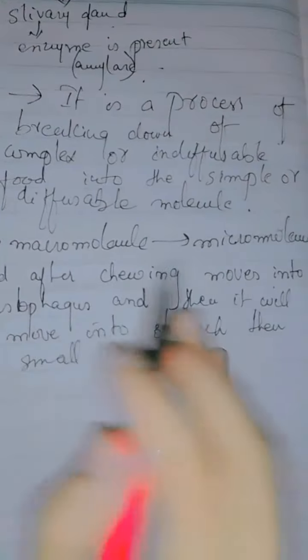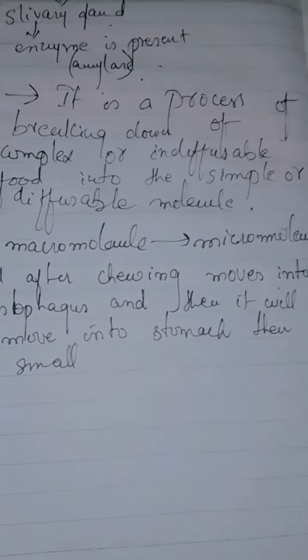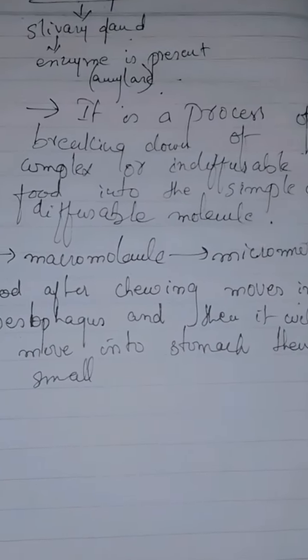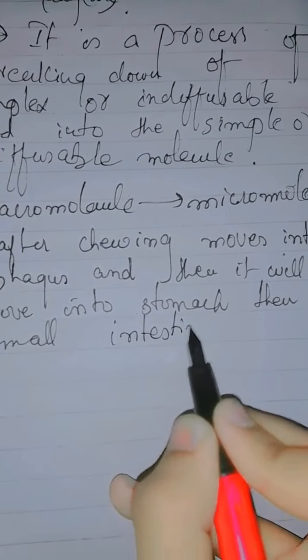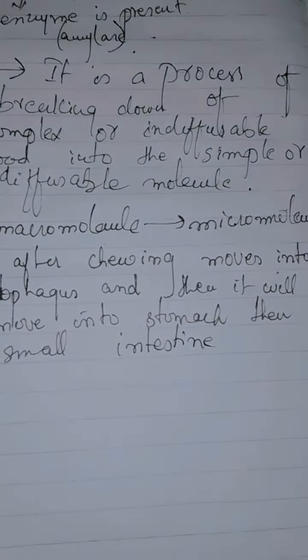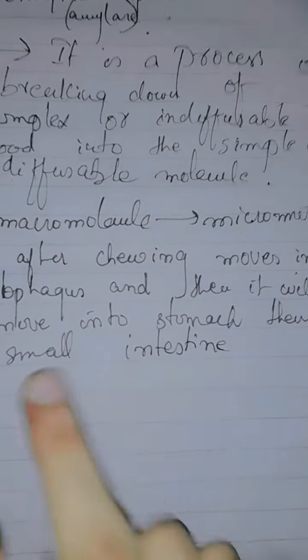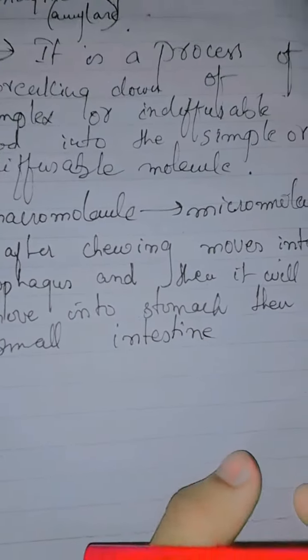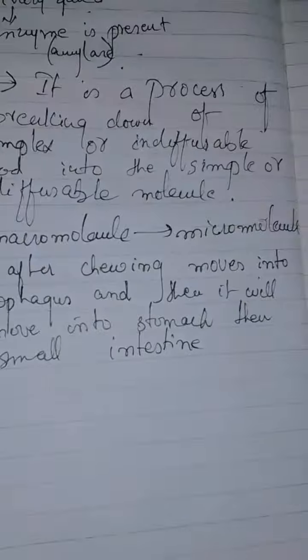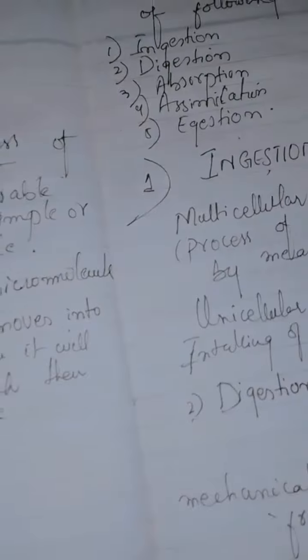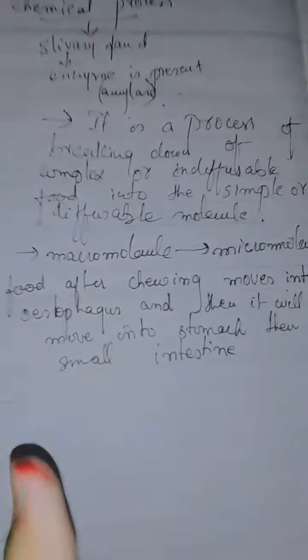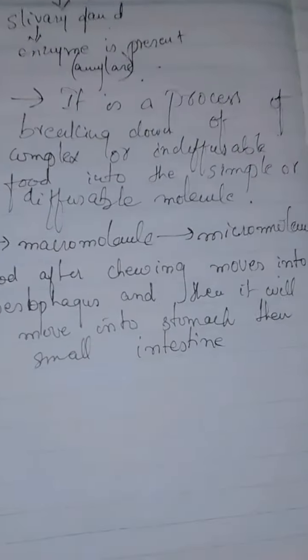Food after chewing will move into the esophagus, through the esophagus it will move into the stomach, then the small intestine. Mostly the food digests in the small intestine, and the absorption occurs then, in the third step. So here the food has been digested.